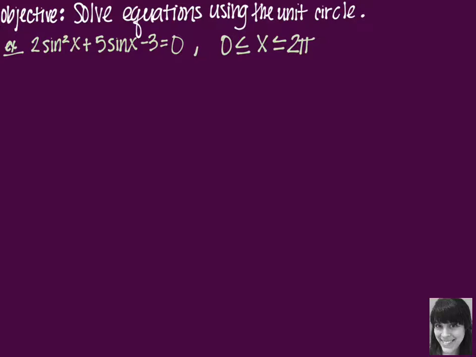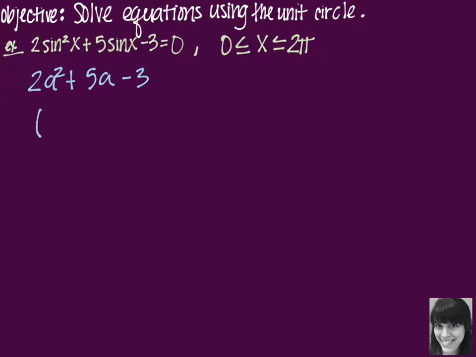of problem, right? So before I told you that, like if you're taking sine of 3x divided by 4 equals 1/2, and you wanted to solve for what 3x over 4 is actually equal to first, you could substitute. You could do that here as well. You could say 2a squared plus 5a minus 3, and you could factor it that way and then go back and substitute in sine of x for a.